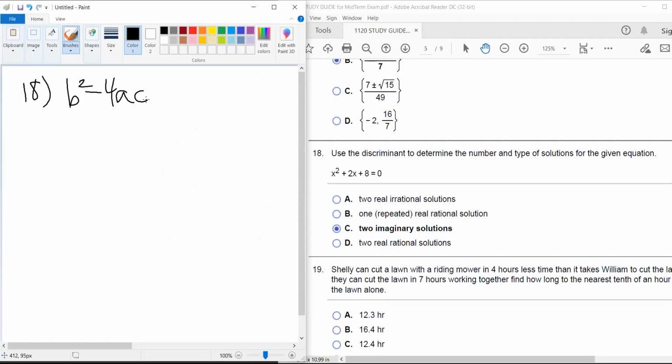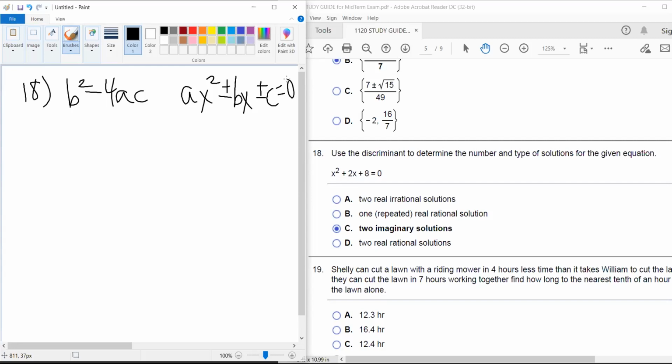And in order to either find the discriminant or use the entire quadratic formula, your quadratic equation must be in the form ax squared plus or minus bx plus or minus c equal to 0. So our quadratic equation is in that form.